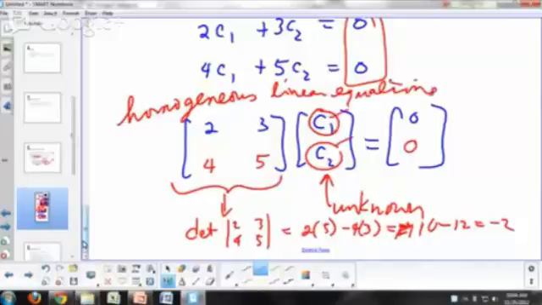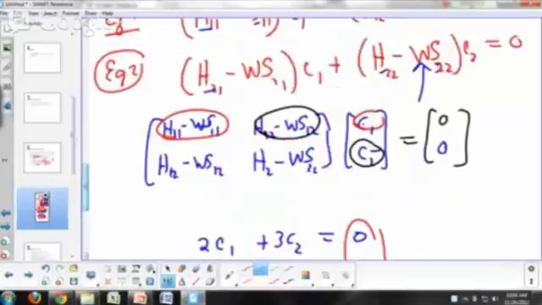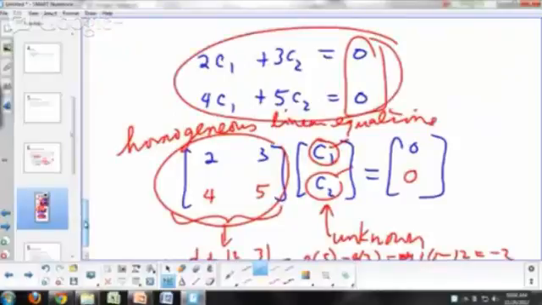If this determinant of your coefficients happens to be non-zero, then the only solution is for the unknowns to be 0. The only way you can satisfy these two equations is if both C1 and C2 are 0.